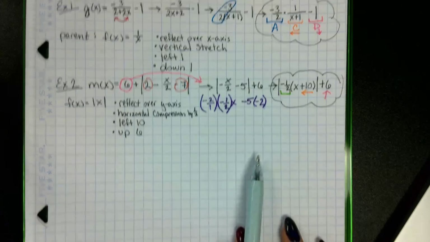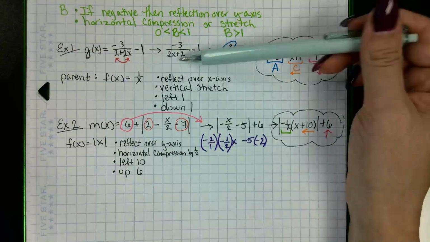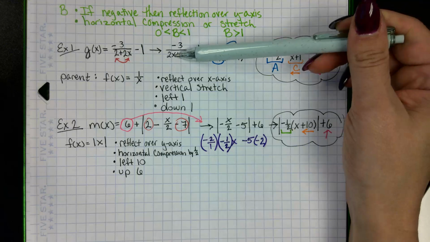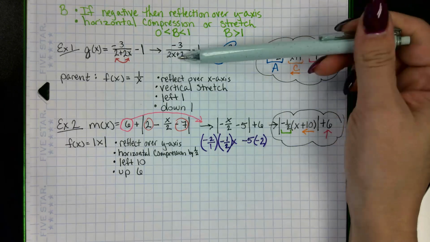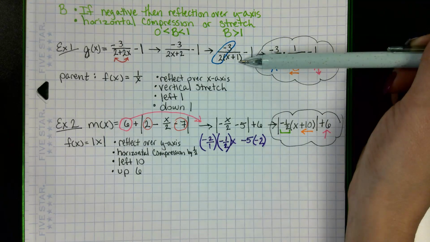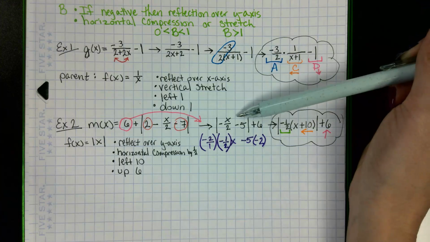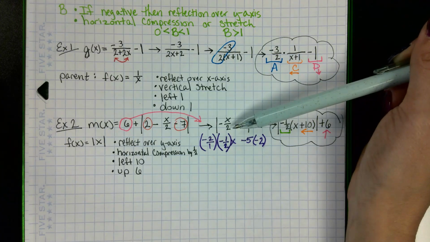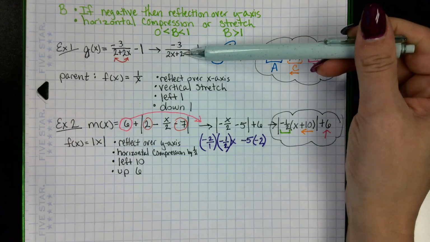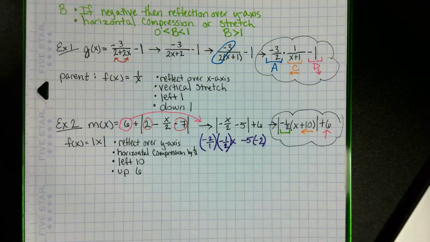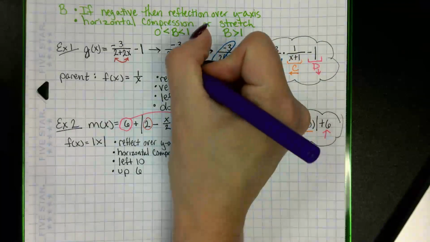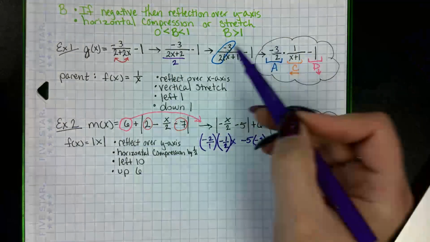Okay, so like when I did it up here with whole numbers, it was a lot easier. 2x, I factored out a 2, and it left x plus 1 inside. But now it's a fraction. So up here, I divided it all by 2, and it brought the 2 out here.